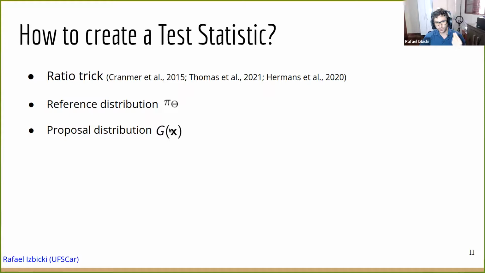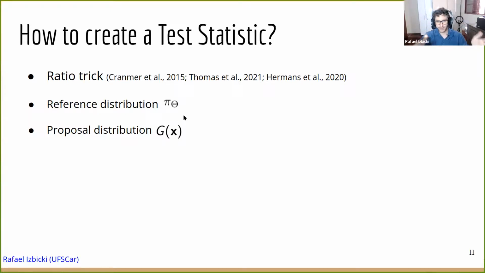Namely, it needs to dominate f theta, the distribution of the data, for every theta. One particular choice that works is using the marginal distribution of f theta with respect to this reference distribution. That's what we've used in the experiments, because it naturally dominates f theta.